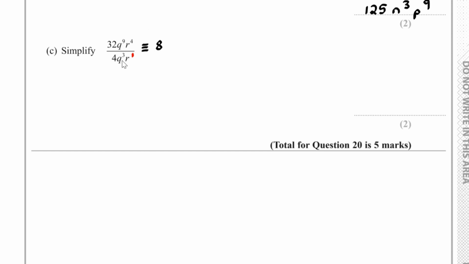Q to the 9 subtract 3, that's the same as q to the 6. And then r to the 4 subtract 1, that's r cubed. So we have 8q to the 6 r cubed.